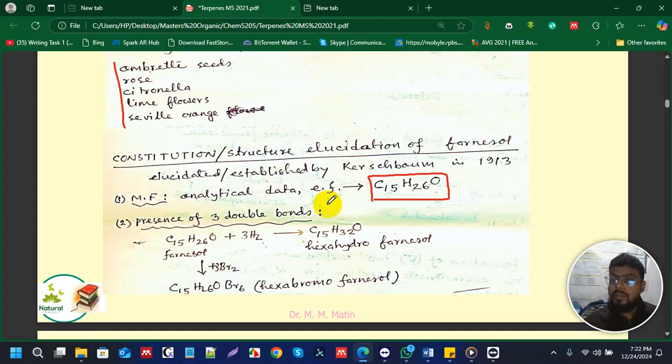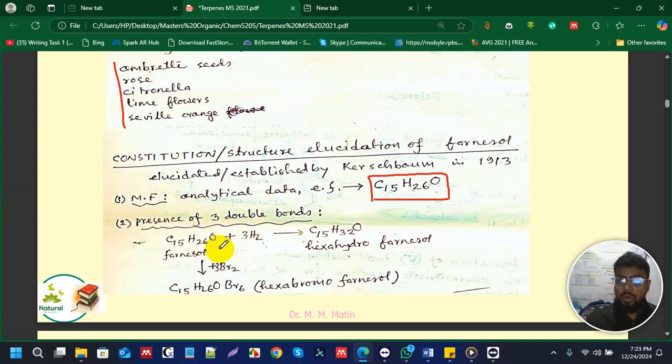When 3 moles of hydrogen are added to a single compound, then we can say that compound contains three double bonds. Similarly, when 4 or 5 moles of hydrogen are added, then we can say that four or five double bonds are present in that specific structure. In this way, we can prove the presence of three double bonds in the following way.